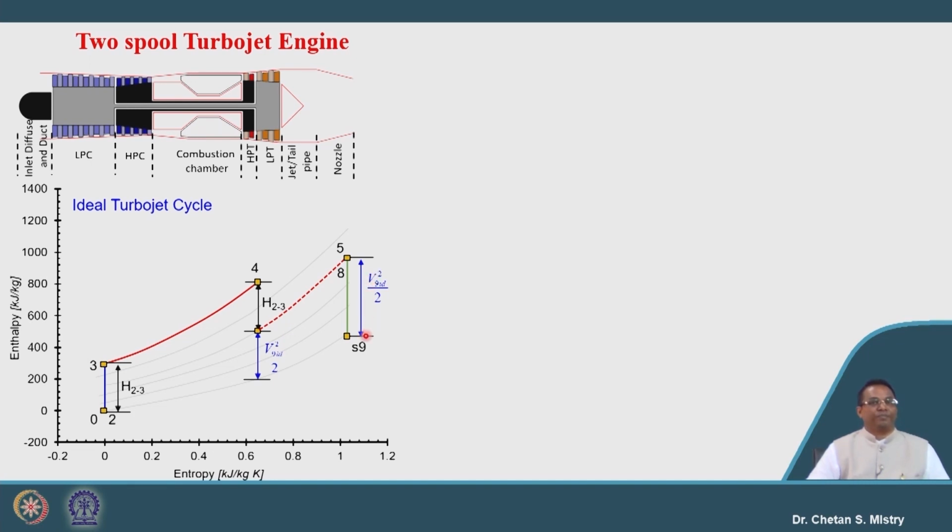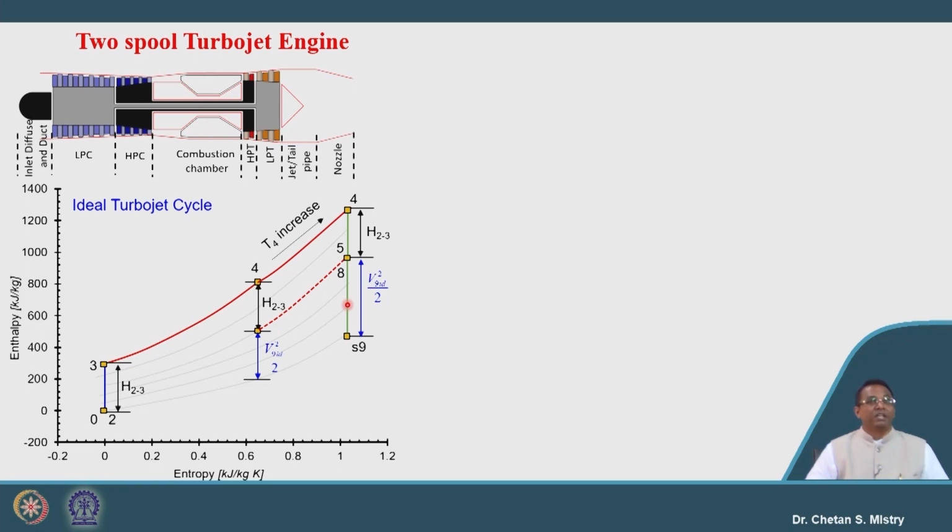Now, if I add to my turbine work, here, I need to increase my turbine entry temperature from this point to this point. So by incorporating a higher turbine entry temperature, we are able to improve the exit velocity, and hence improve the thrust of the engine.